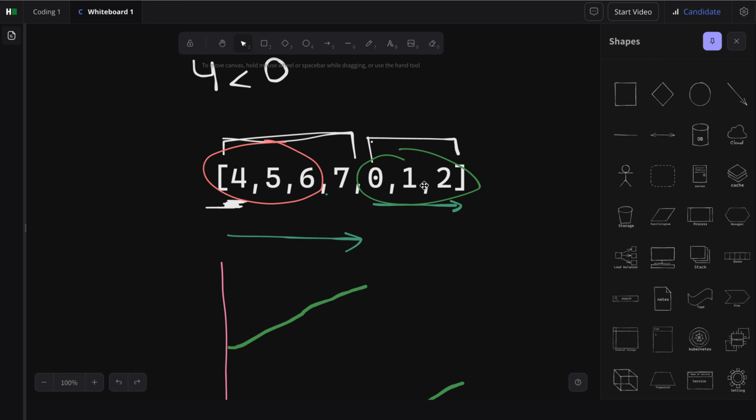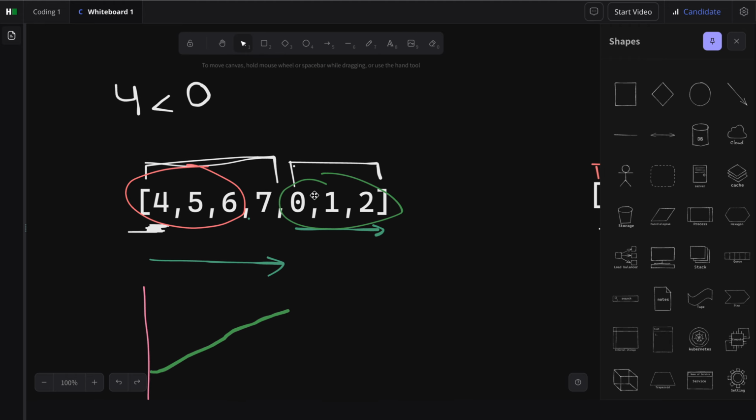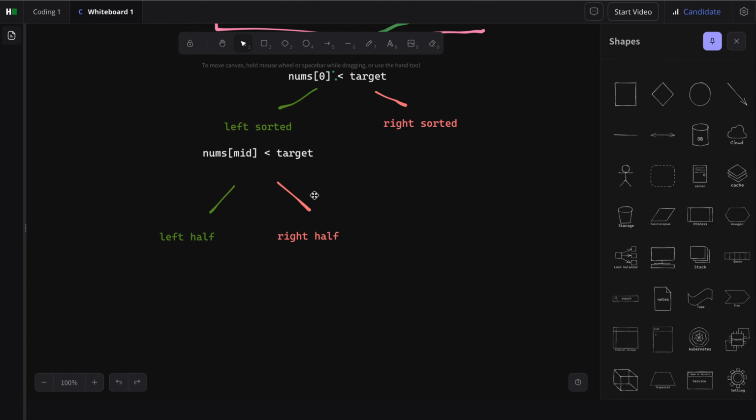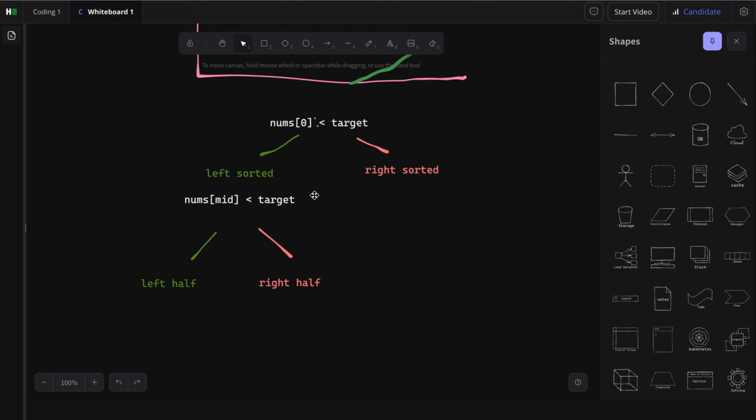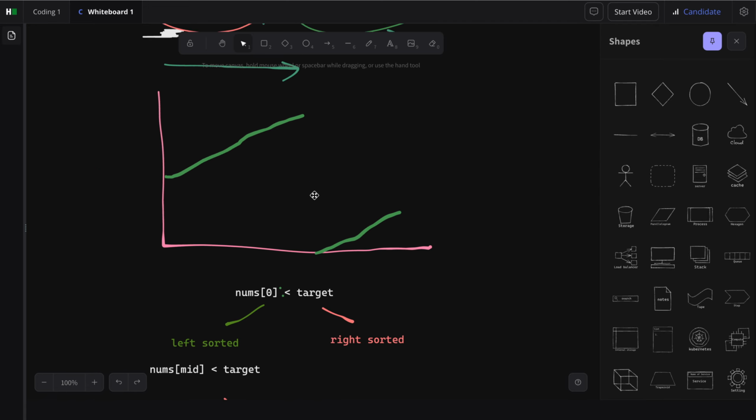But that doesn't make sense. And if it's the other way around, it should go in the right half. Well, that's not going to lead you to the right answer. Yeah, that's definitely not leading you to the right answer.